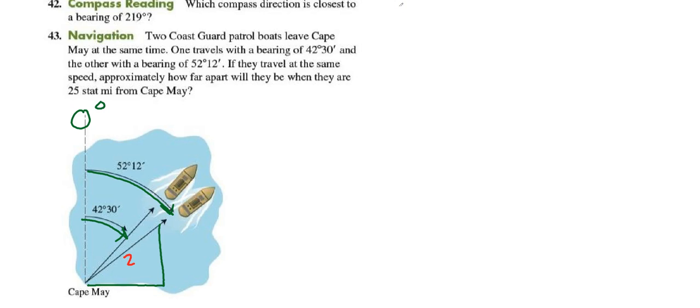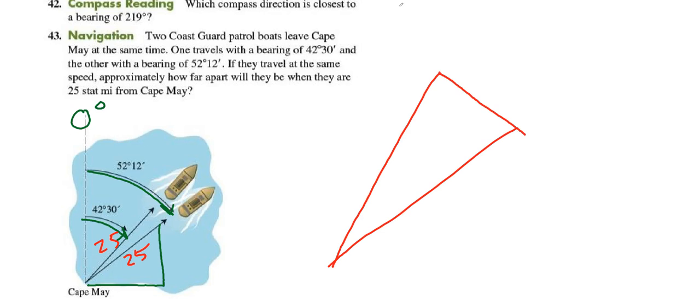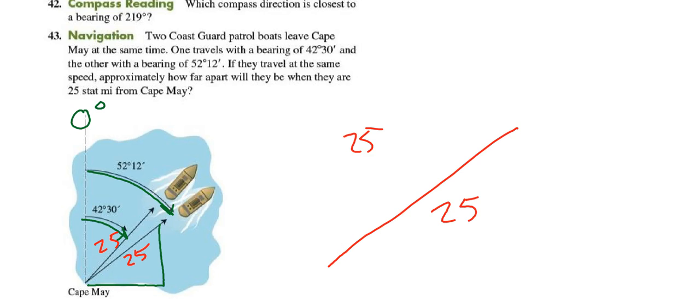These are each 25. Now, I'm going to zoom in here a little bit. So we've got 25 miles here and 25 miles here. I think I just incorrectly drew this shape, because at the end here it should be an arc.